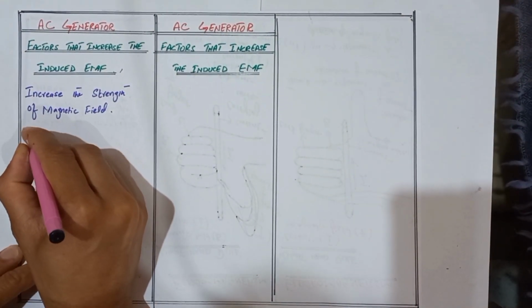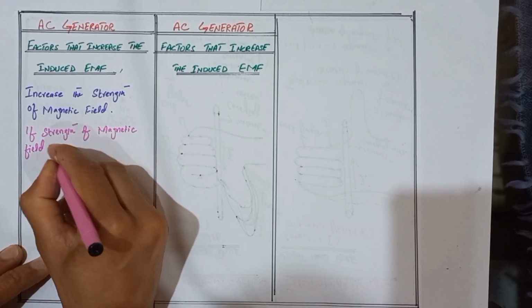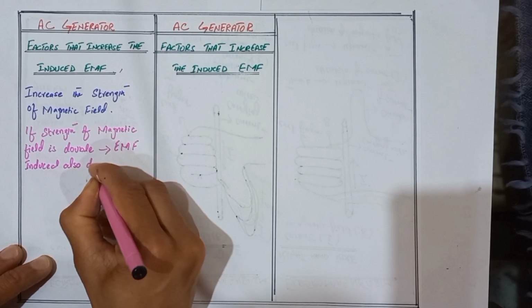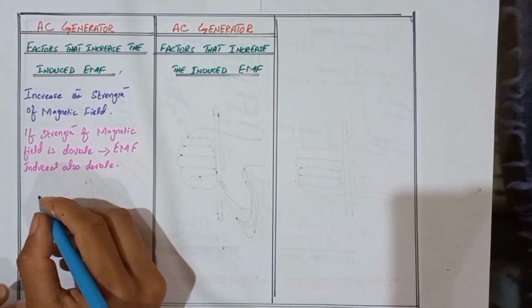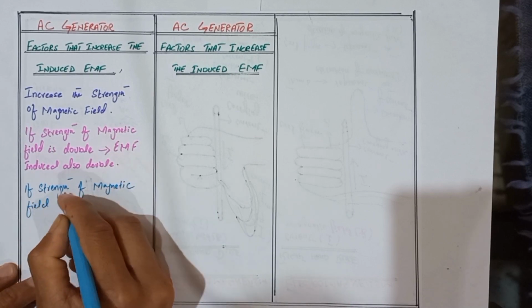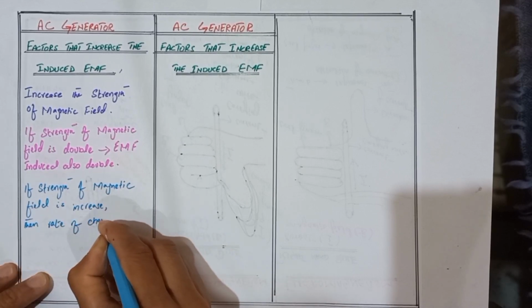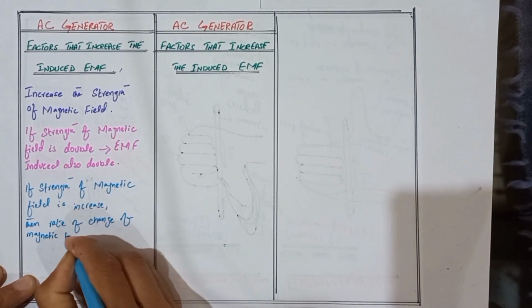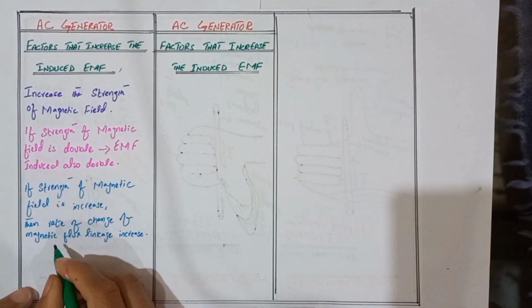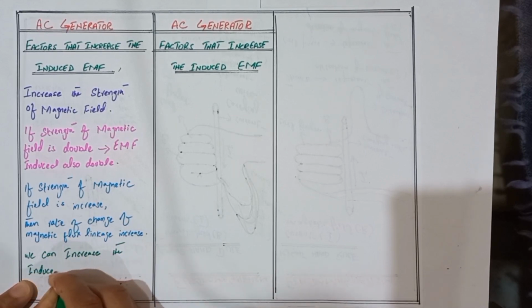If the strength of the magnetic field is doubled, then the induced EMF also doubles. If the strength of the magnetic field is increased, then the rate of change of magnetic flux linkage increases, so that we can increase the induced EMF.